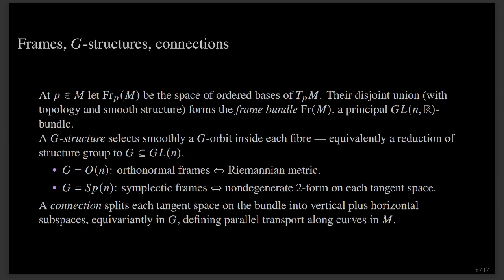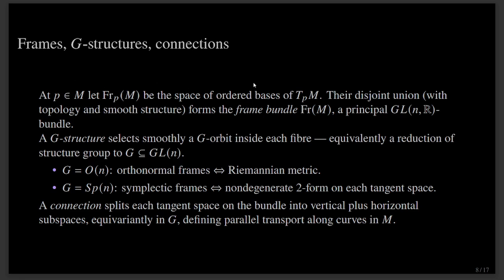And what this will allow us to do then is motivate the idea of frames, G-structures, and connections. Because at a point on a manifold, we can define something called the frame of P on M, which is just the space of ordered bases of the tangent space. And their disjoint union with the topology essentially encodes something called the frame bundle.